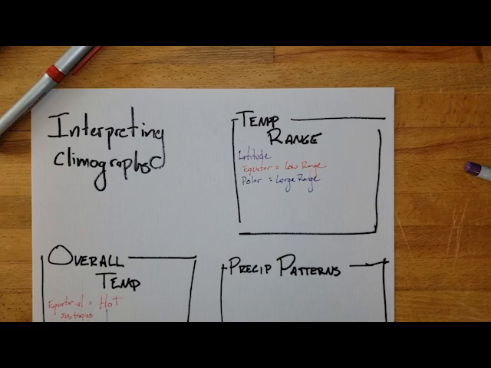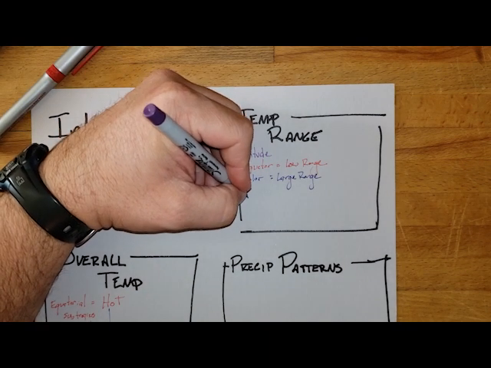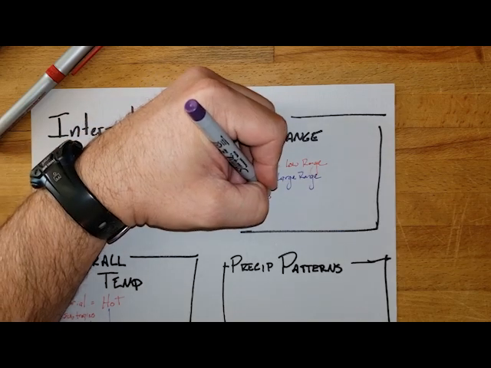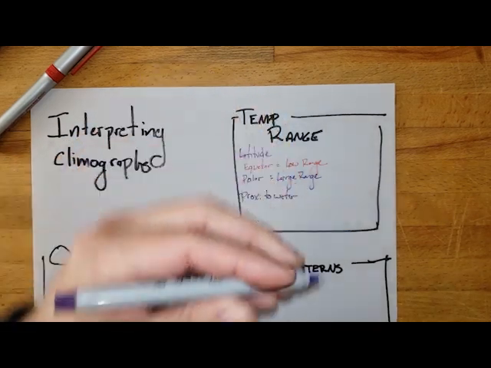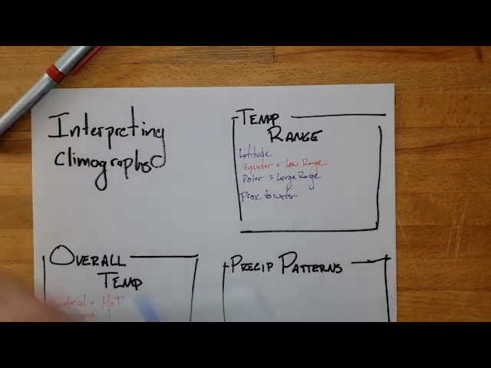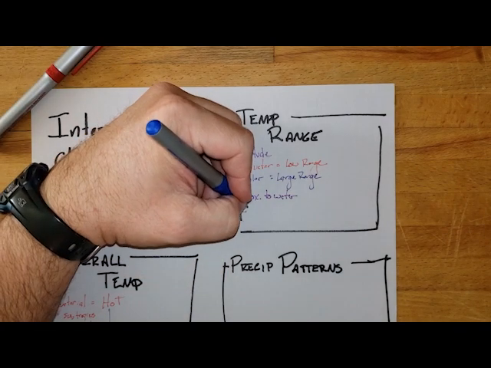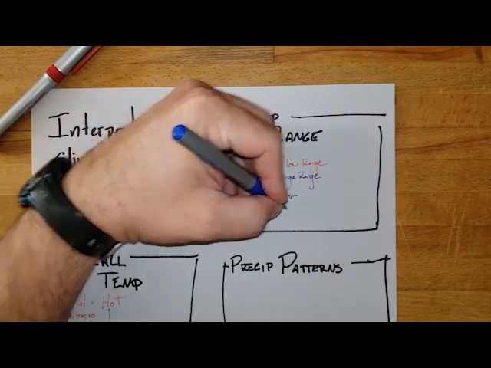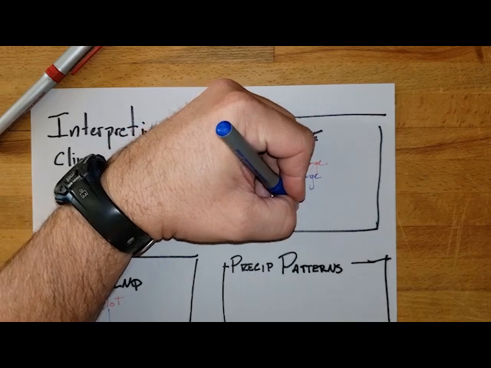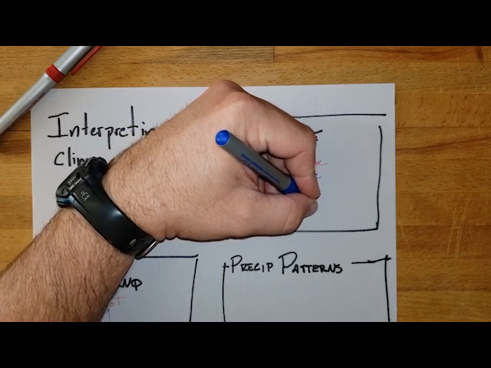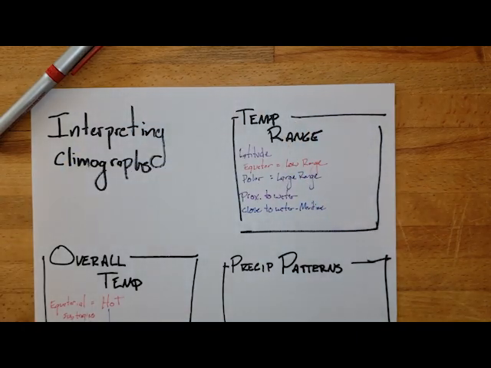The other thing that's going to be influencing this is proximity to the ocean. Proximity to water. We know that in our maritime areas, water is going to be making it a little bit warmer in the wintertime and a little bit cooler in the summertime.